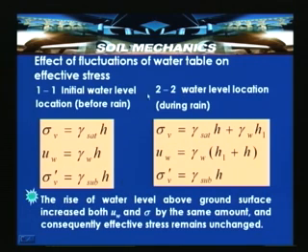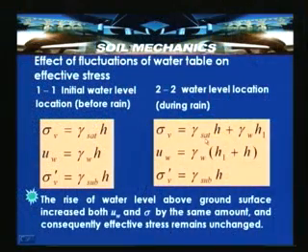And this water level location has changed because during rain there is an increase in height of water level, and it rose from ground surface by height H1 to go up to level 2. Okay, so 2 is the water level location. In this case, sigma V is equal to gamma sat H plus gamma W H1 and UW is equal to gamma W into H1 plus H. So, sigma V dash is equal to gamma sub H or gamma dash H.